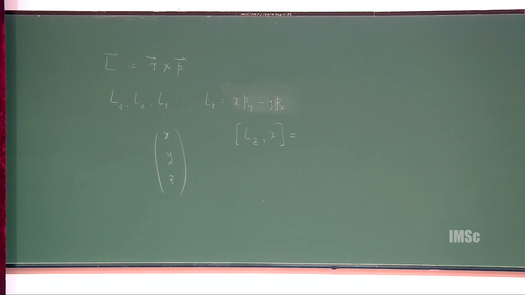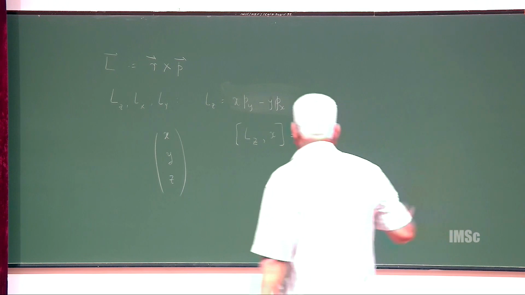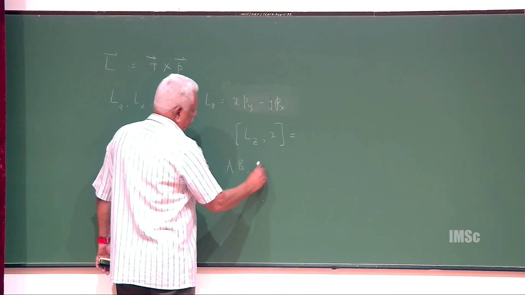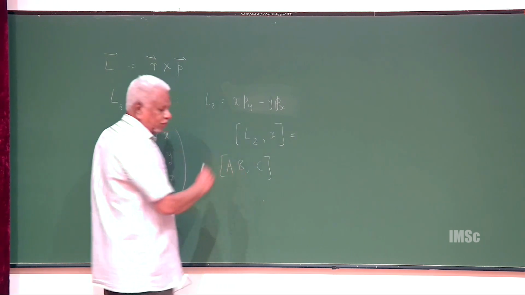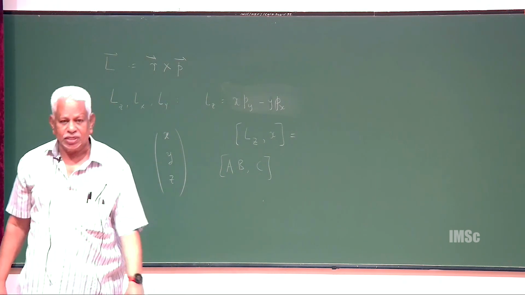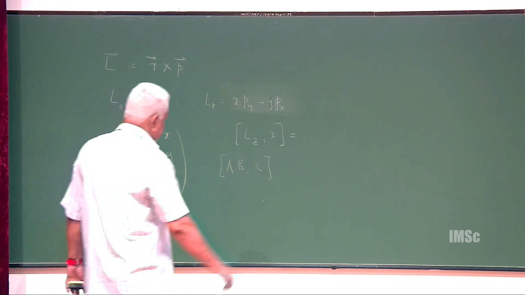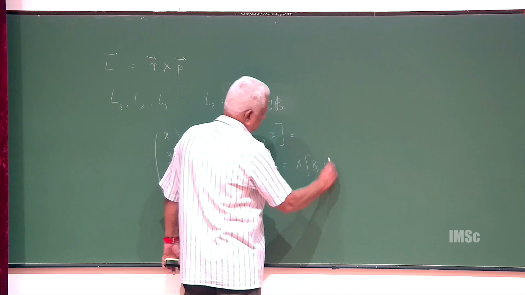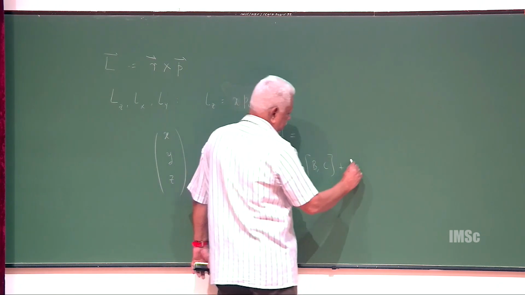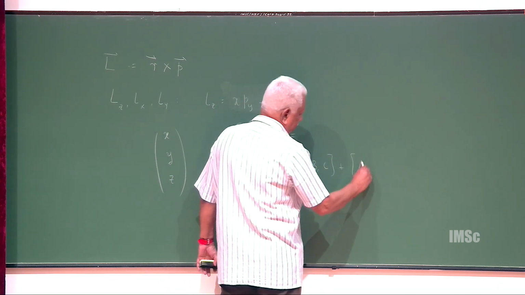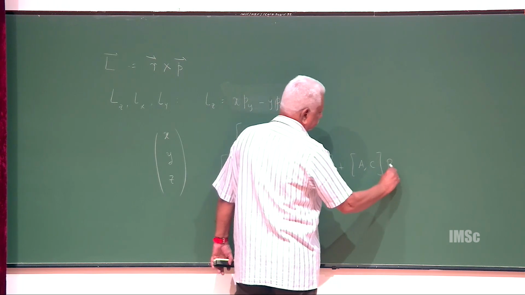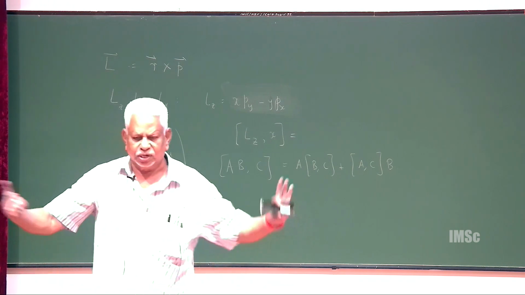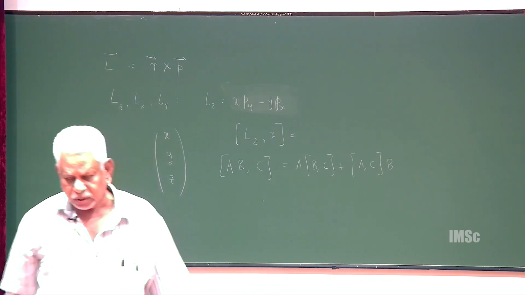Just for your benefit, if I want the commutator of AB with C, what you have to do is, this will be equal to A with B comma C plus A comma C with B. That is a matrix formula, nothing to do with physics, simply matrix multiplication.